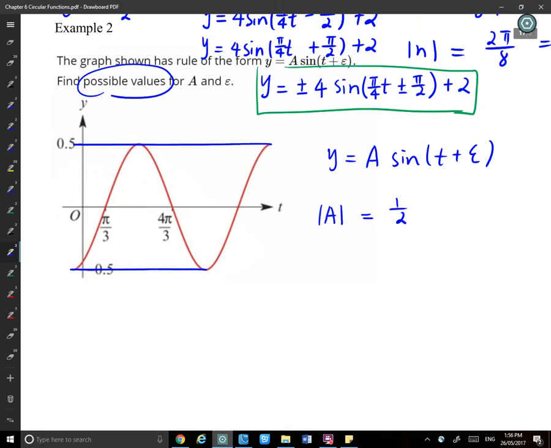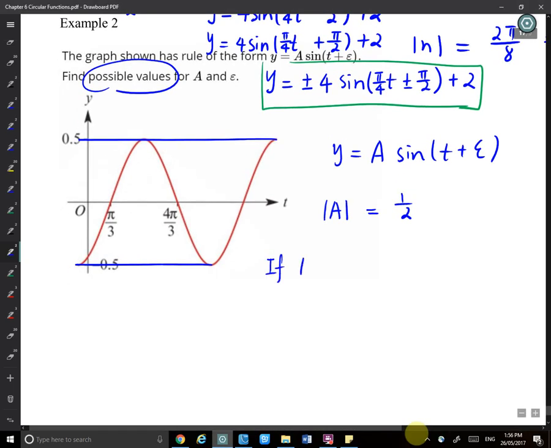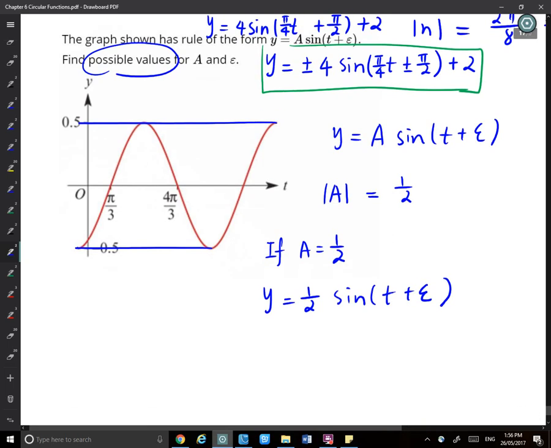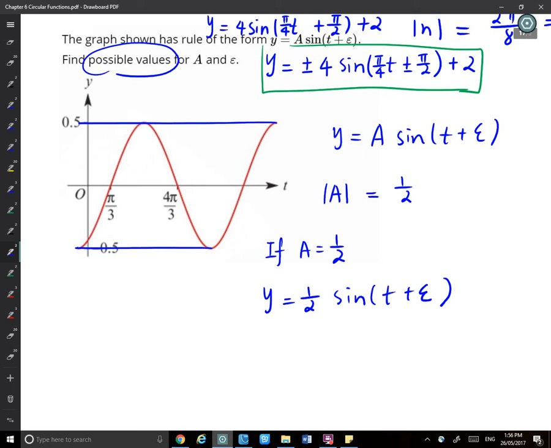Let's say A is positive a half, so y equals a half sine t plus epsilon. If I ask you to substitute a point, which point will you substitute in? Choose one first.